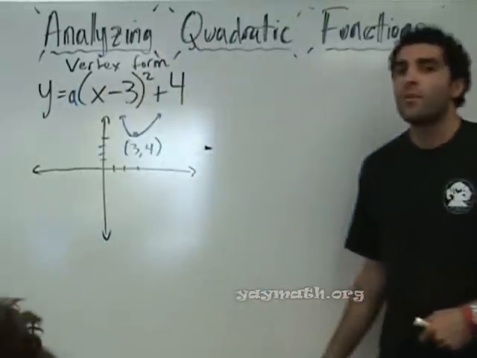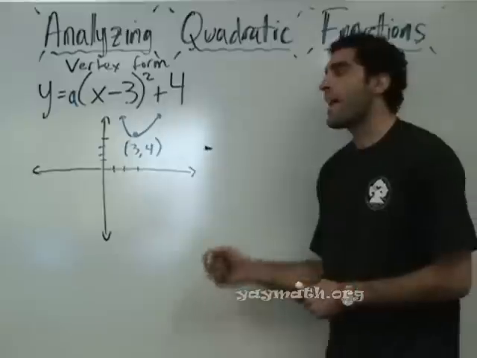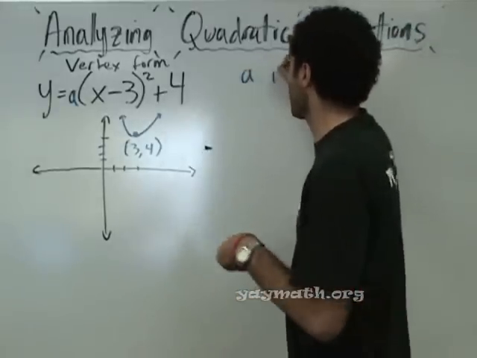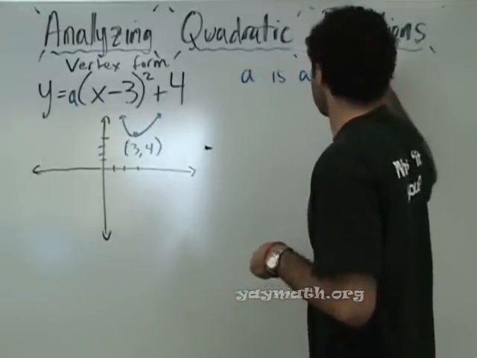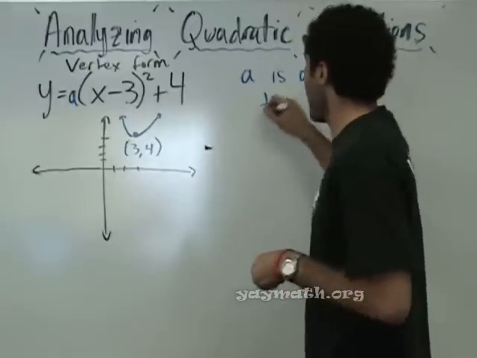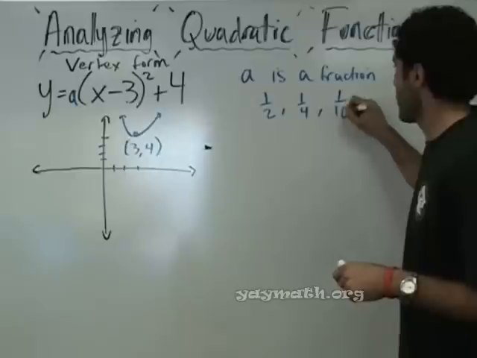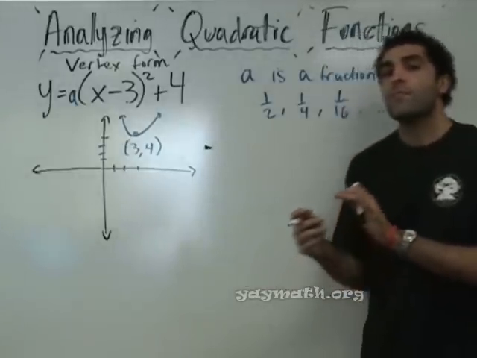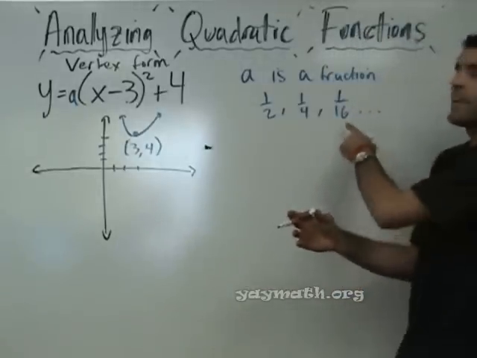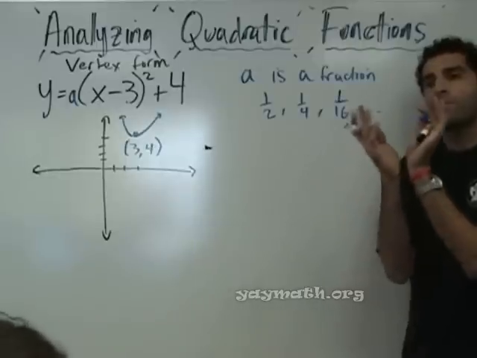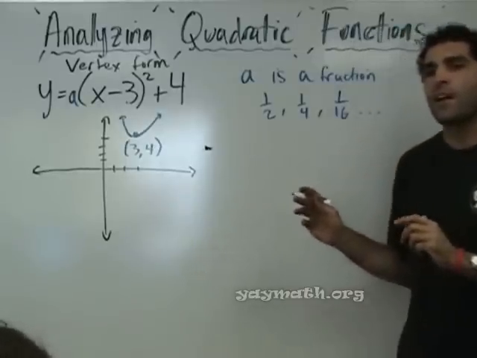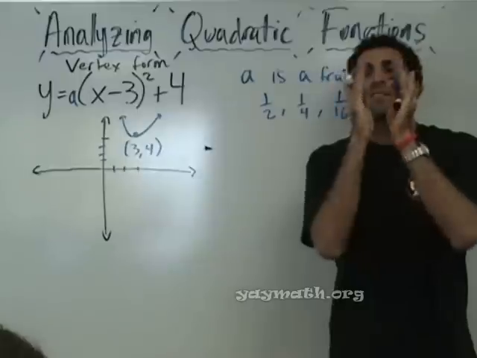So now we're going to talk about A. When A is a fraction, like 1/2, 1/4, 1/16, or these types of things, the more extreme the fraction, meaning the smaller the fraction, what do you think happens to the parabola? Do you think it gets wider, or do you think it gets narrower?